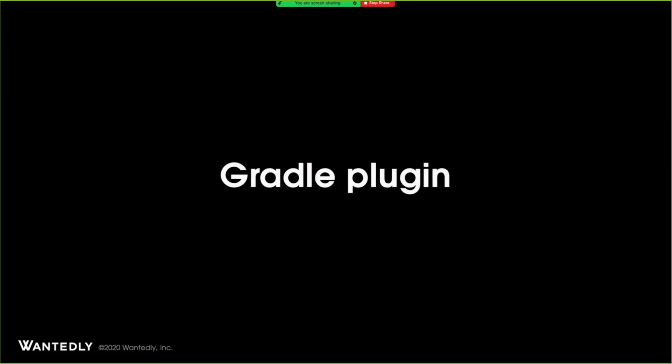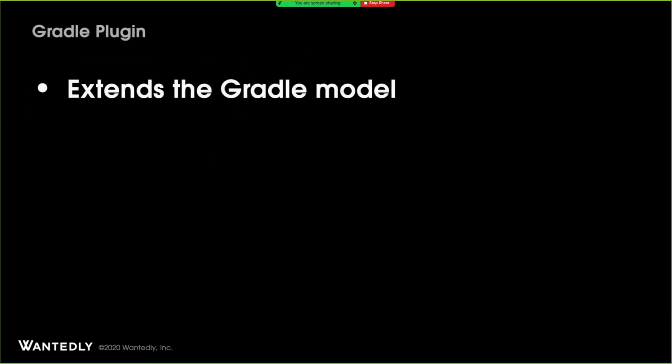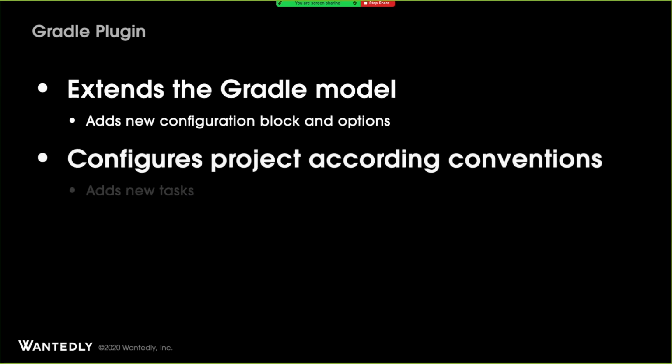So what is a Gradle plugin? A Gradle plugin extends the Gradle model by adding new configuration blocks and options using extensions. A Gradle plugin also helps you to configure your project according to sets of conventions, but still allows each module to override the settings when necessary.